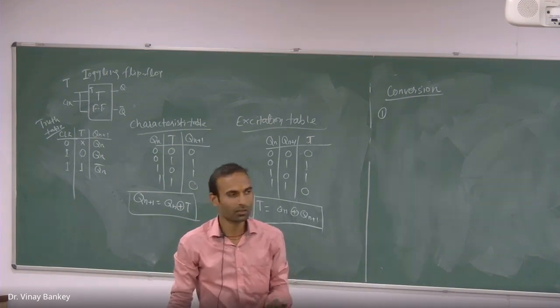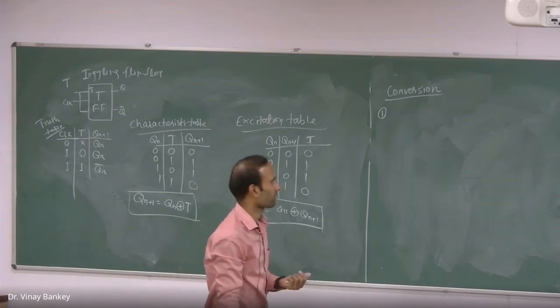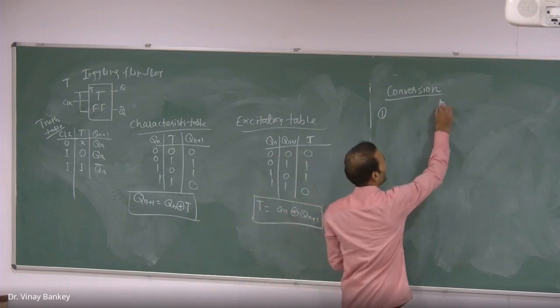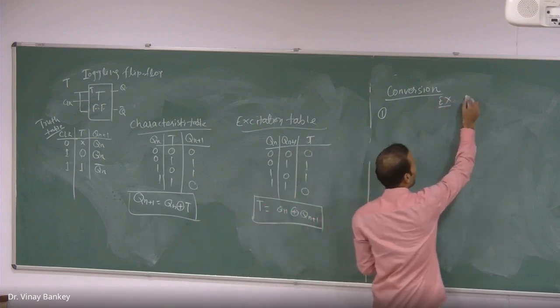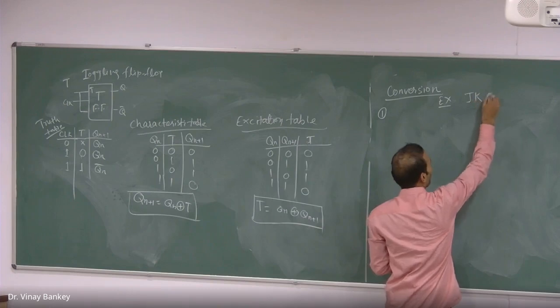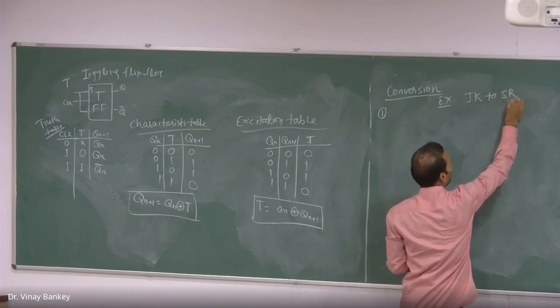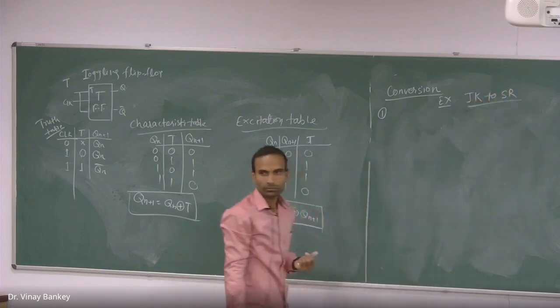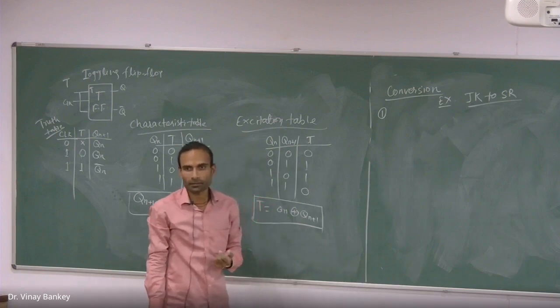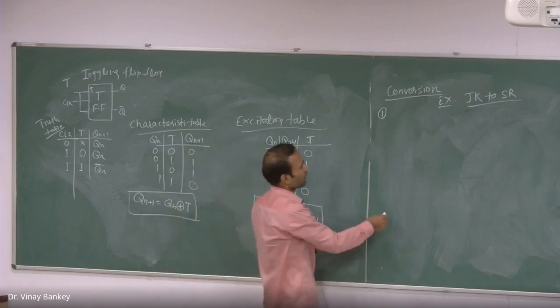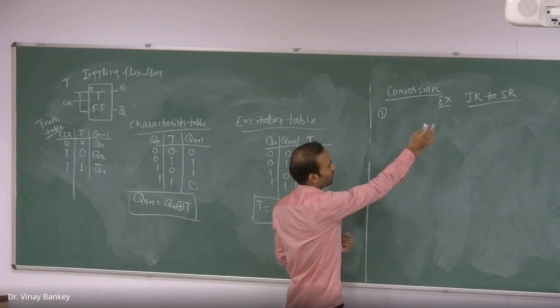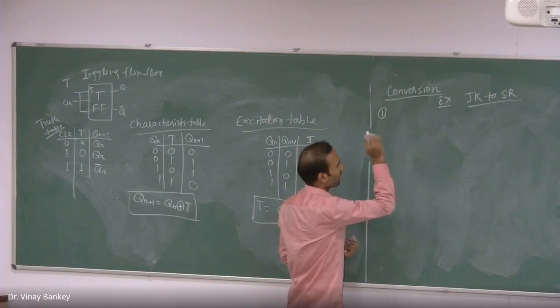The question is, convert JK flip-flop into SR flip-flop. So we'll take an example here: JK flip-flop to SR flip-flop. Correct? So the question we obtained here is to convert JK flip-flop into SR flip-flop.